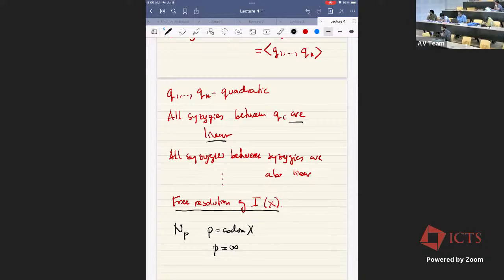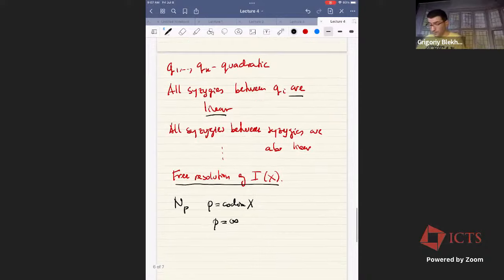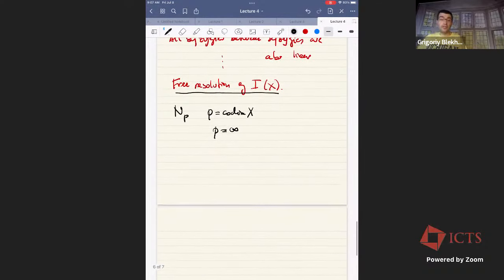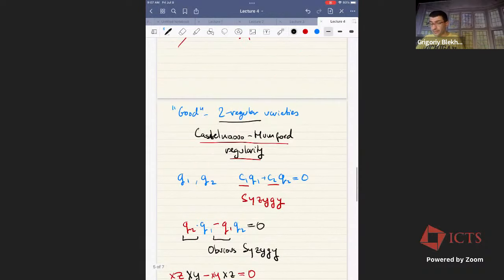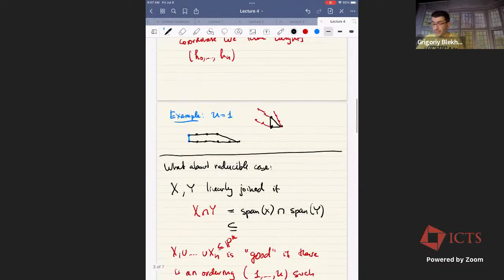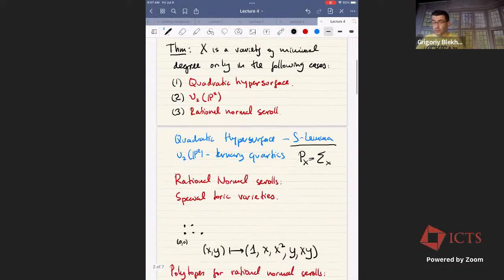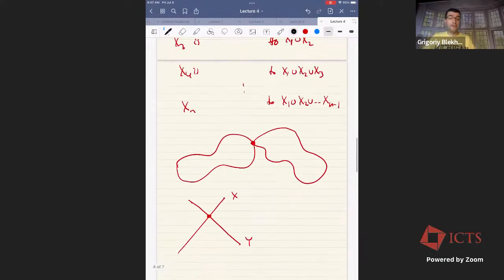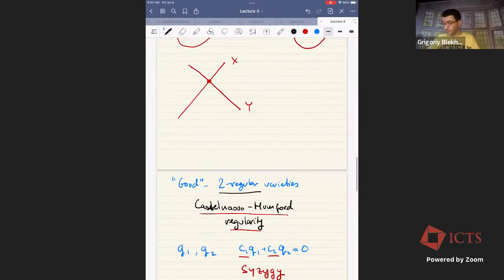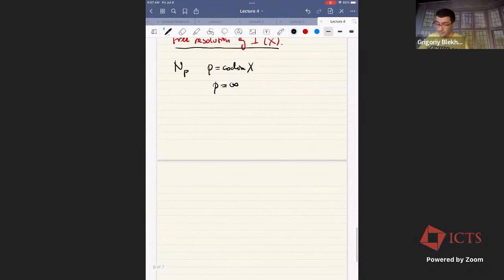Okay. Any questions from the online audience? Okay. Looks like we can go forward. So that's sort of the main theorem: non-negative polynomials are equal to sums of squares if and only if X is two regular. So maybe let me write this down. That's the final generalization.